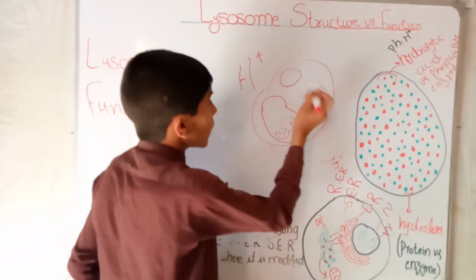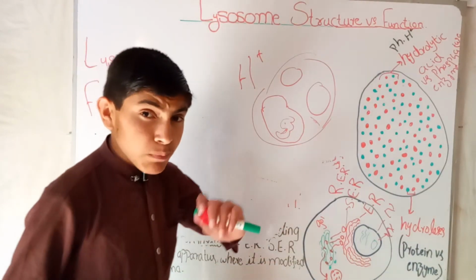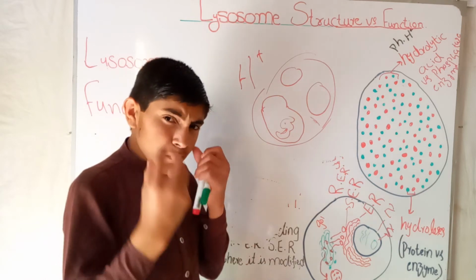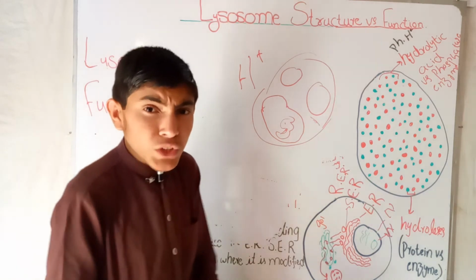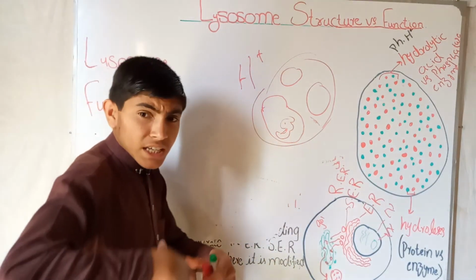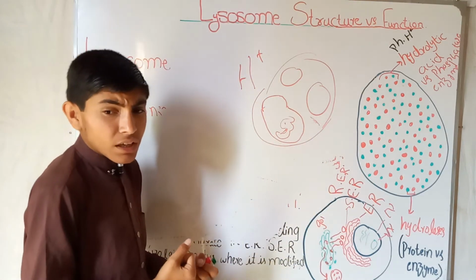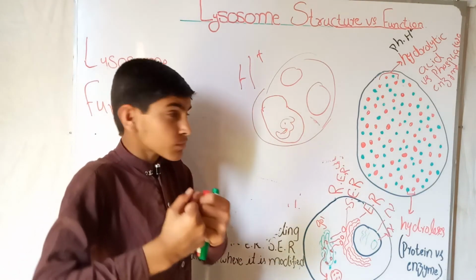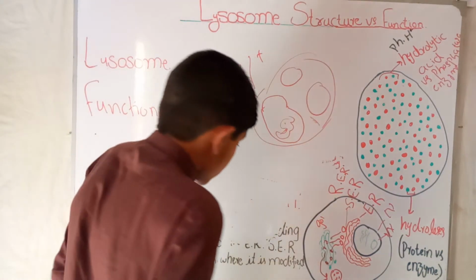So there are small vacuoles when they send it to this, and then through some pipe-like structure which comes out sometimes from our cell, they come out, and because they are expired, they come out of the cell. Okay.